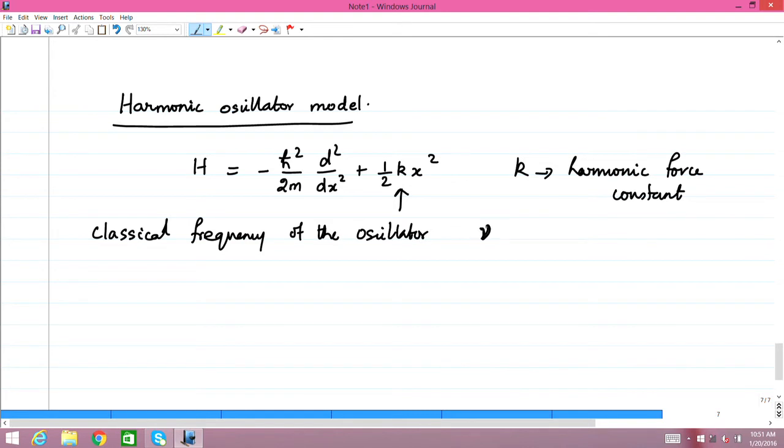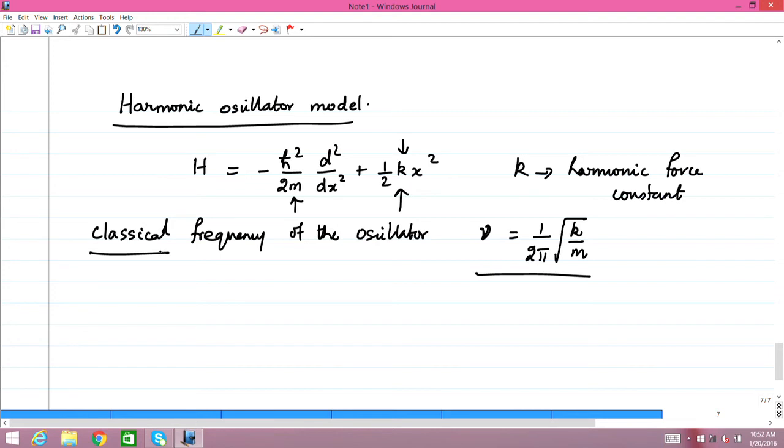That frequency nu is given by 1 by 2 pi times the square root of k by m. Again, you see the parameters which determine the system are m and k, and the frequency is expressed in terms of the square root of the ratio k by m. This is of course classical.